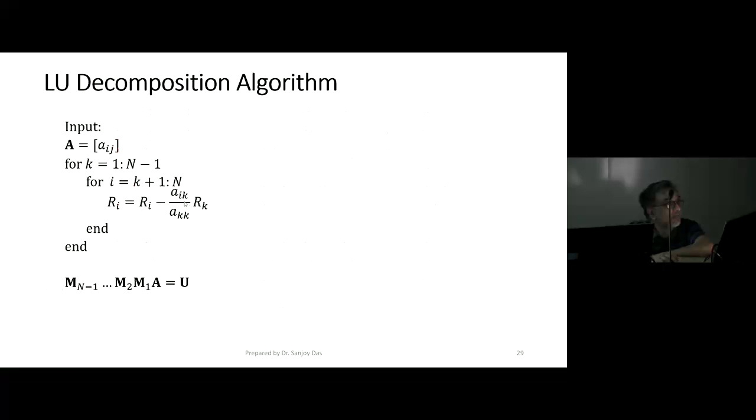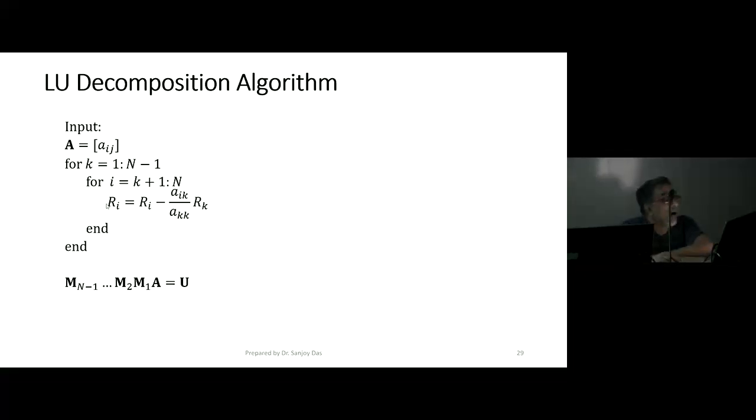This is the algorithm. Suppose I had MATLAB here and I implement this algorithm. It's pretty straightforward to implement in MATLAB. The input would be A, and then I take an identity matrix I right here.